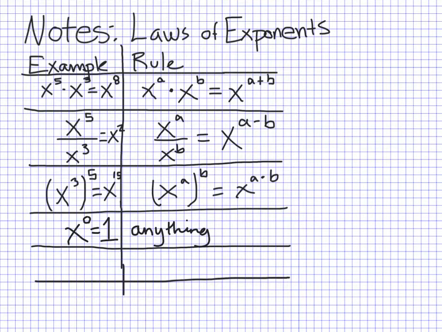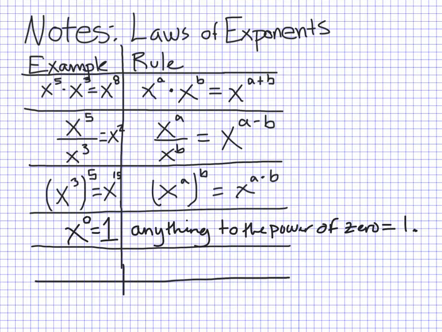Anything to the power of 0 equals 1. Some of you may have heard that before. We will have plenty of time to see some other reasons why that's true and to think about that more.